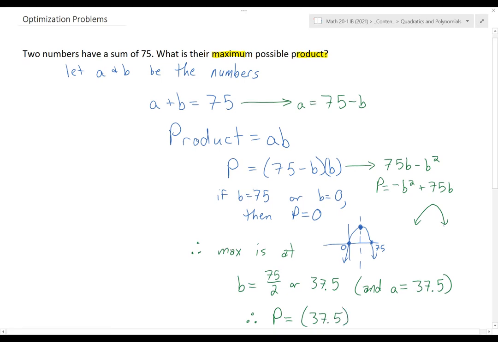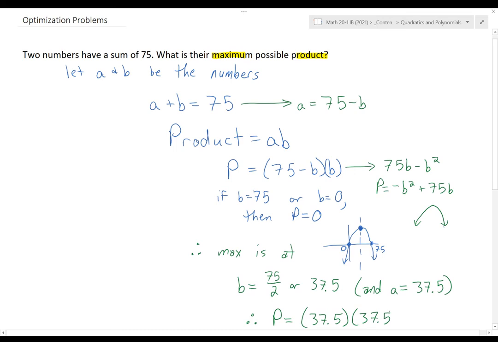The maximum possible product is what I get when I multiply these two numbers together. So what is 37.5 times 37.5, or 37.5 squared? That gives me a maximum possible product of 1406.25.